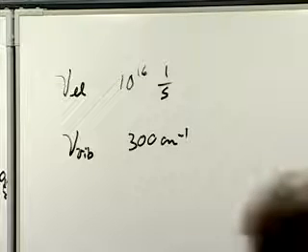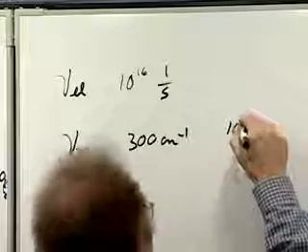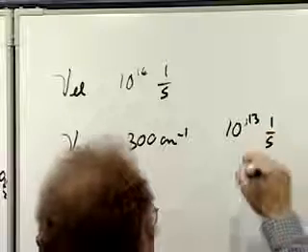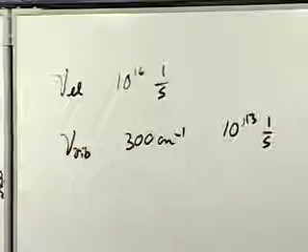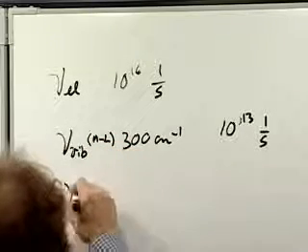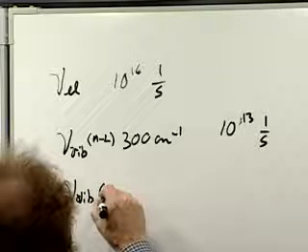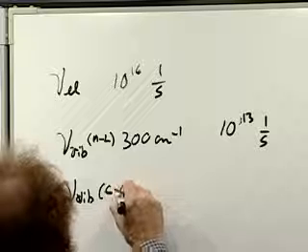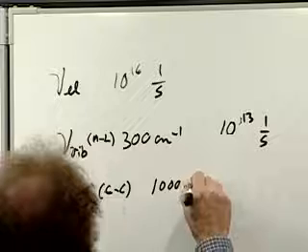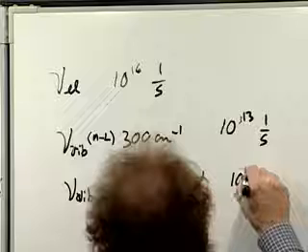And that gives us a time scale of about 10 to the 13th per second. The vibration of something like a CC bond is something of the order of, let us say, about 1,000 centimeters to minus 1, and this will be something like 10 to the 14th per second.